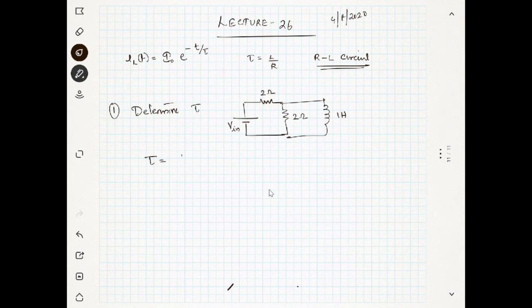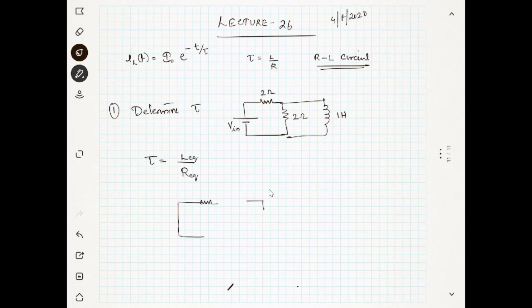Time constant is L over R. If there is more than one resistance and more than one inductance, then it is L equivalent over R equivalent. First of all, we will short circuit the voltage source and look from the inductance. How many inductances are there? There is only one. So we short circuit the voltage source.